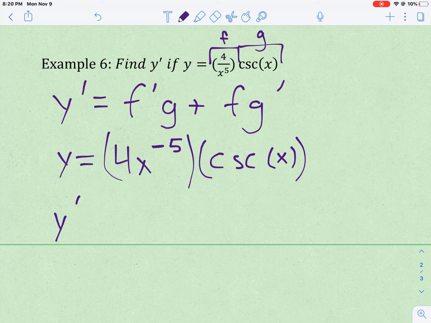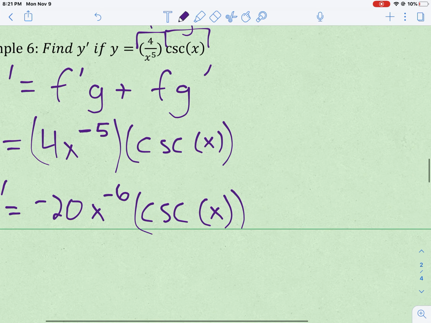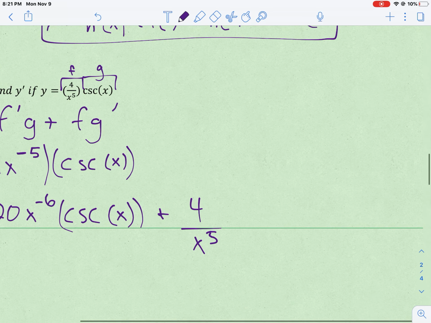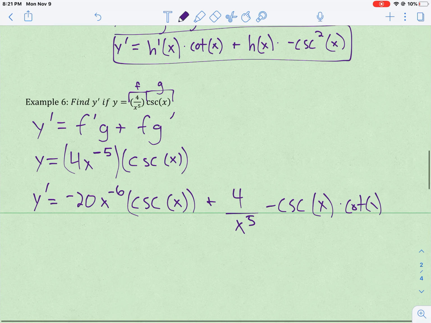Same thing applies. So now f is the first function again, right? So f prime g would be negative 20 x to the negative 6 times g, cosecant of x, plus f, which is 4 over x to the 5th, times g prime, okay, which is negative cosecant of x times cotangent of x, okay?